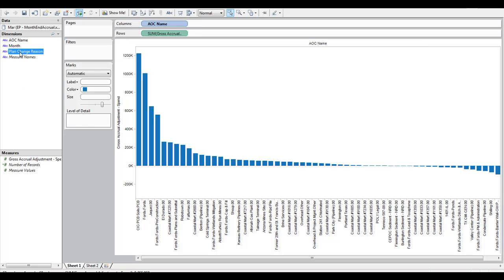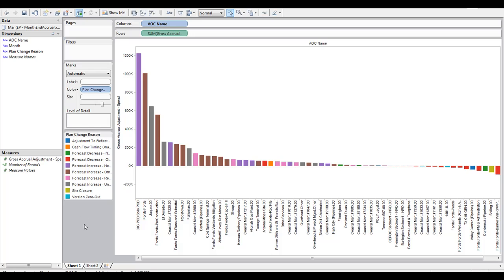By dragging the plan change reasons into the color plane, we're able to view these adjustments by reason. The color coding allows you to easily spot similarities or drivers of change for the overall portfolio. In this example, we're looking at increases made due to underestimated costs for a particular site.